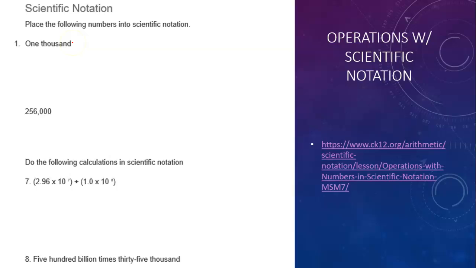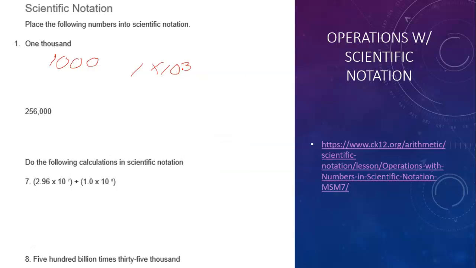Okay, so for here, 1,000. Yeah, there we go, 1,000. Okay, so it would be 1 times 10, and then how many spaces did we move? 3.